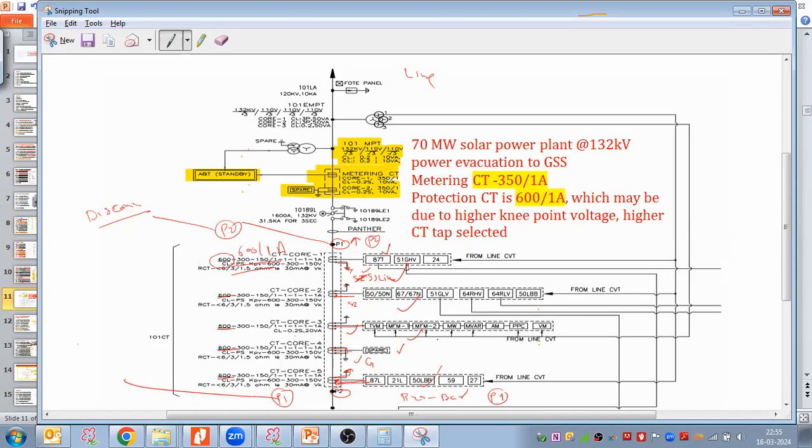But when it comes to metering, the CT ratio should be precisely selected. So now for the 70 megawatt, what is my current coming? 306. And what is the CT ratio here? 350. Yes, it is very much close.